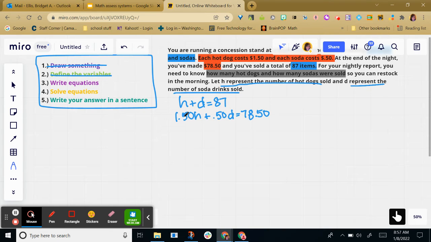Okay, so here are our two equations. H plus D equals 87, and $1.50 times hot dogs plus 50 cents times drinks equals $78.50. Okay, so if you remember when you learned how to solve systems of equations, there were several methods, right? We could kind of add them together and cancel them out. We could do all kinds of things.